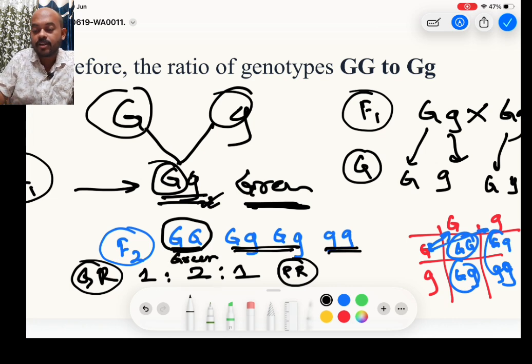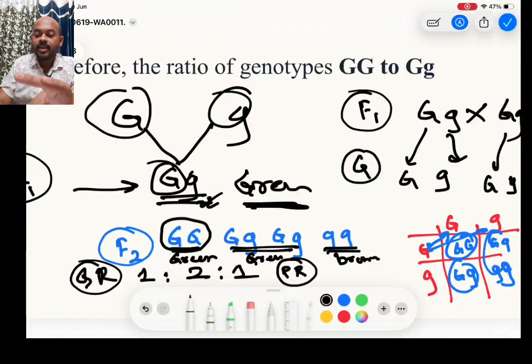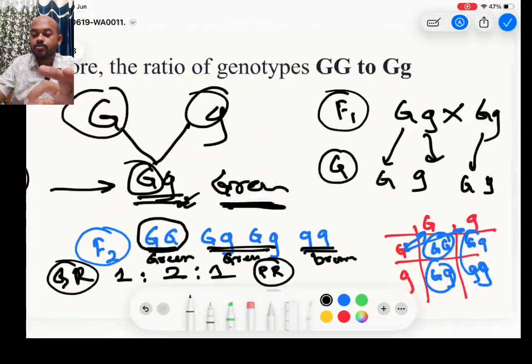Capital G small g means, once again, green. And small g small g is brown in color. So what will be the phenotypic ratio? 3 are green and 1 is brown. That means the phenotypic ratio will be 3:1. Phenotypic means we talk about the physical characteristic.